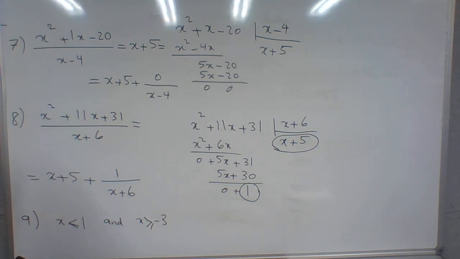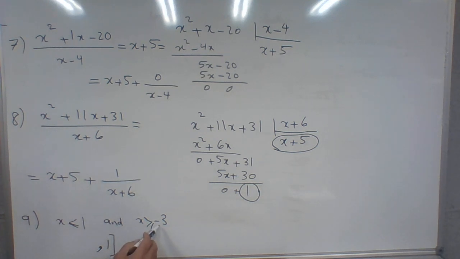So start with this, x less than or equal to 1. So if this is 1, this is an upper limit. But it can be equal to 1. So this is 1 here, including 1. And then for the other part, this is x greater than or equal to -3.